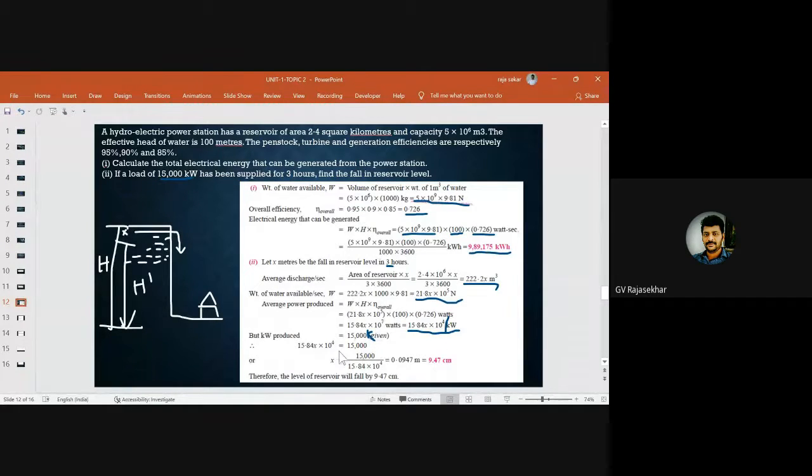Now equate it and get the value of X. X is 9.47 centimeters. So after 3 hours, this height will reduce by 9.47 centimeters. These types of problems you can expect in the hydro power plant.